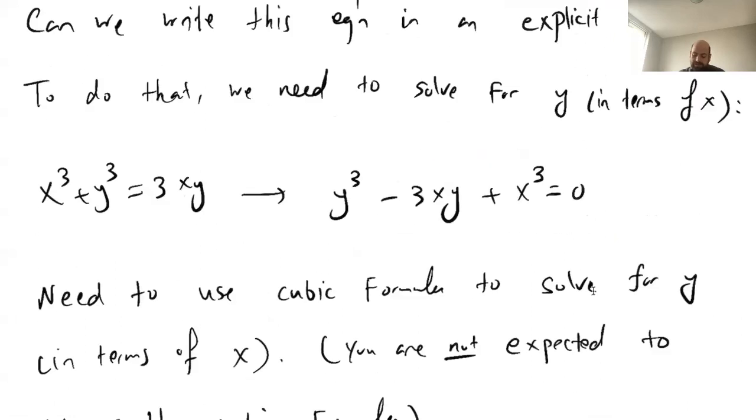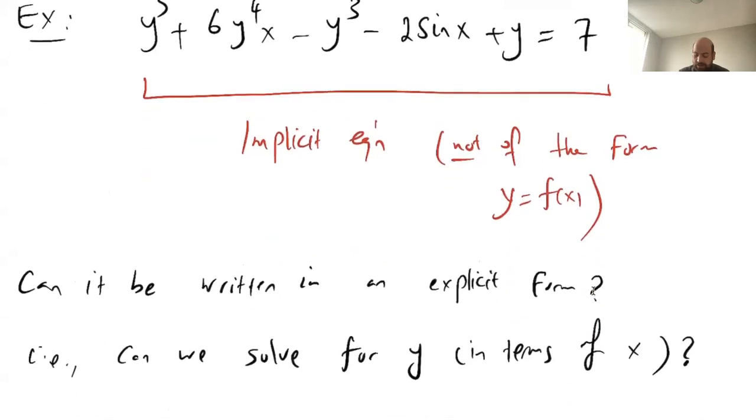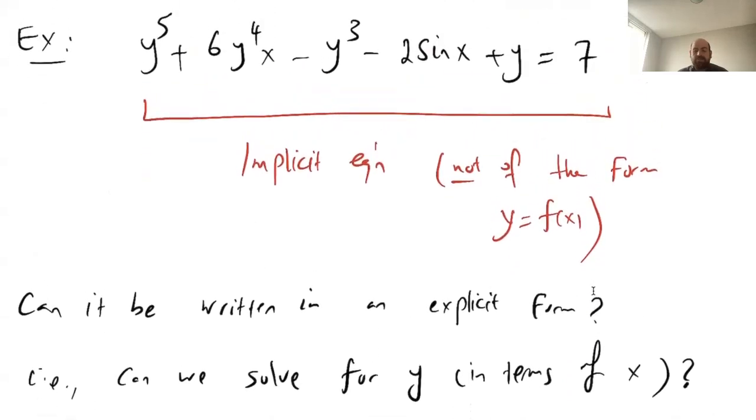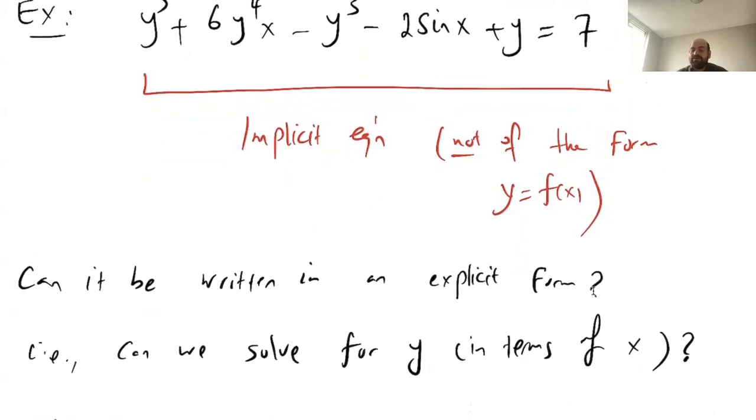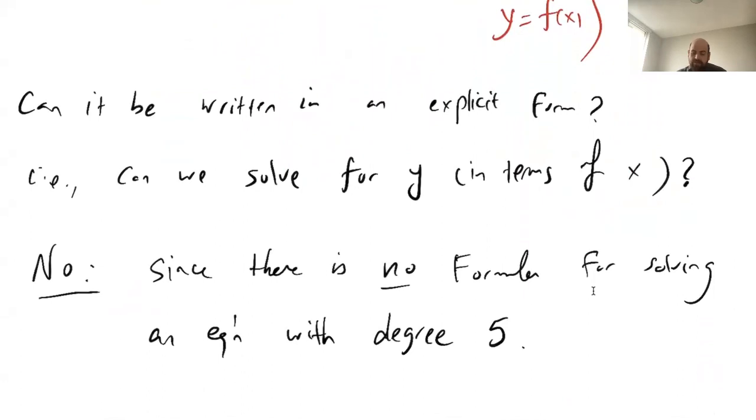In the previous example, we said it can be solved, but we don't know how to solve it at this level, like a first year calculus course. But for this question, I'm saying that it's not that we don't know how to solve it at this level, it cannot be solved. There is no formula for solving an equation of degree 5 at any level.